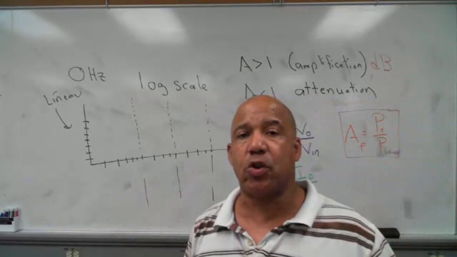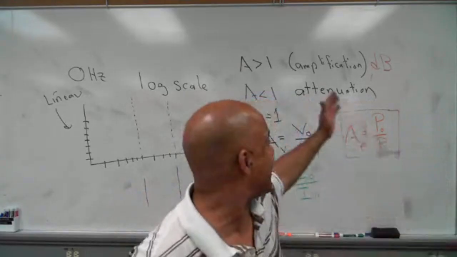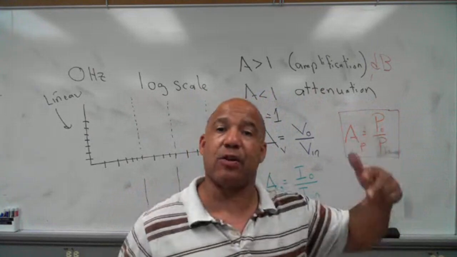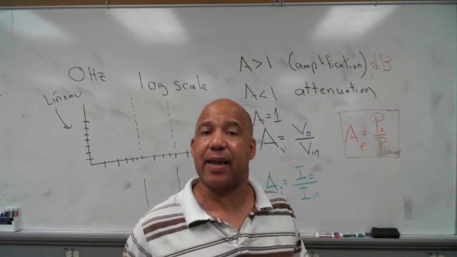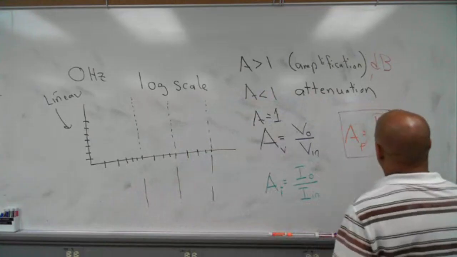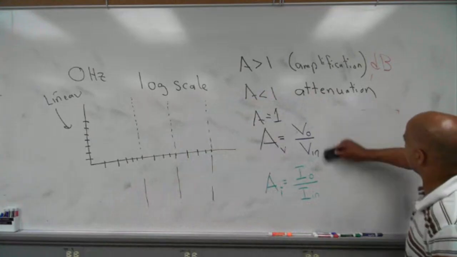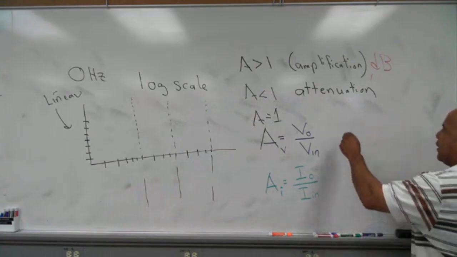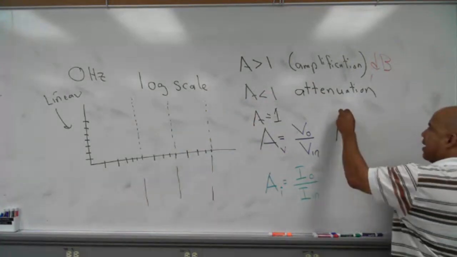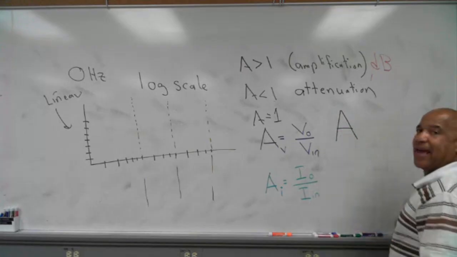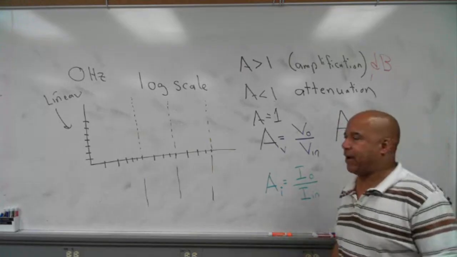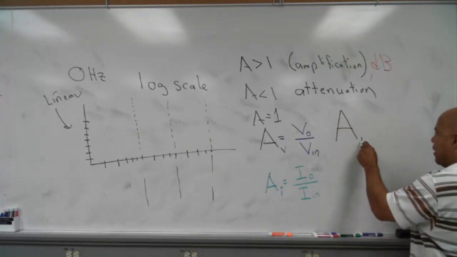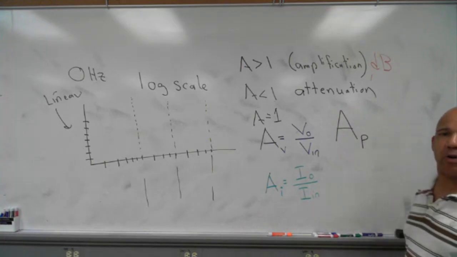There are two ways you can express all of these gains: the regular gain and then the dB gain. Let me erase this, and I say, all right, well, what's this? You can say A is gain. Well, what kind of gain? Okay, maybe I put a P here, so it's power gain.